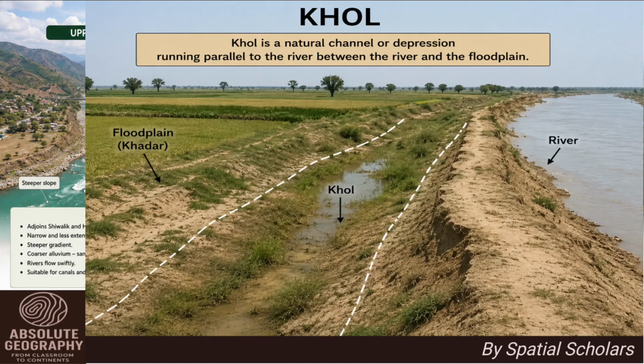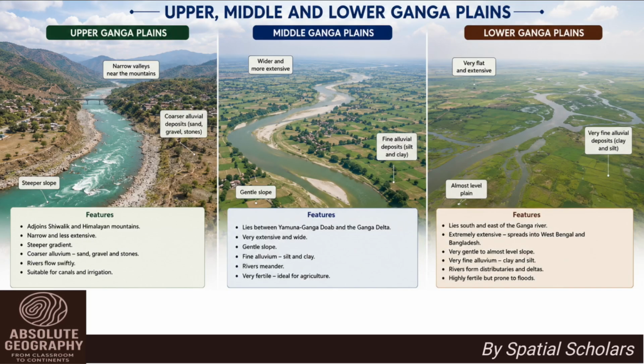The middle Ganga Plain forms a transition zone between upper and lower Ganga Plains and extends across eastern Uttar Pradesh and Bihar. The lower Ganga Plain lies mainly in West Bengal and Bangladesh, where a large part of this region is occupied by the Ganga-Brahmaputra Delta.